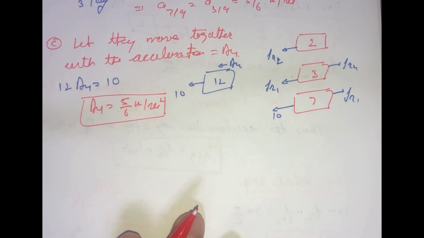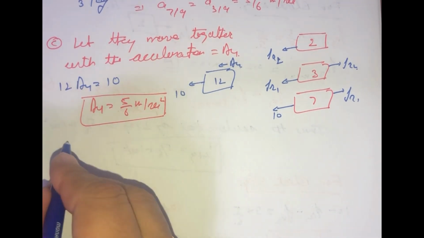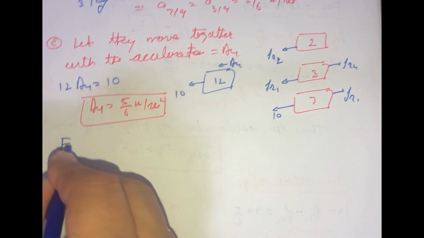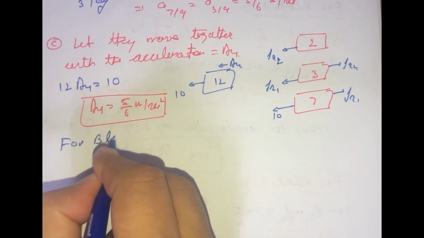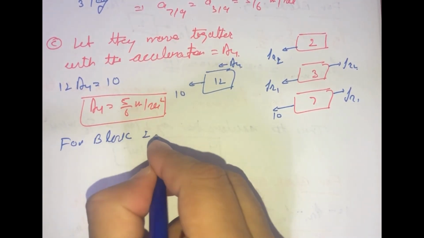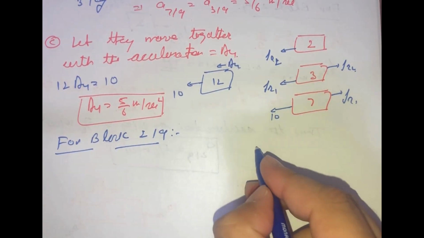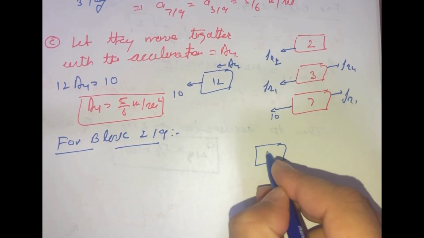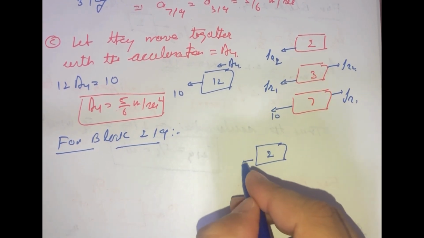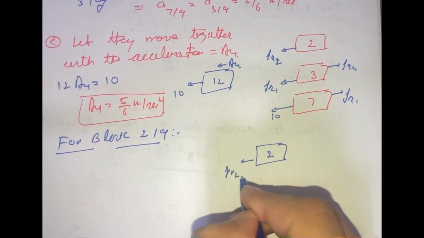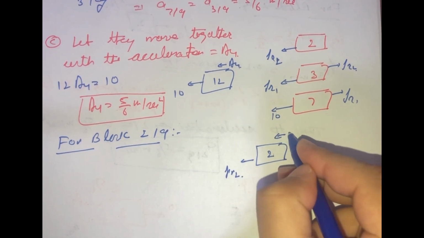So let us check one by one now. First of all, we check for block 2 kg. We have a force of FR2 and acceleration is 5/6.